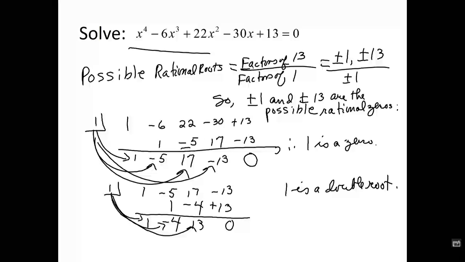So let's record what we have now. Upon dividing a second time by x minus 1, the quotient is x squared minus 4x plus 13 is equal to 0.